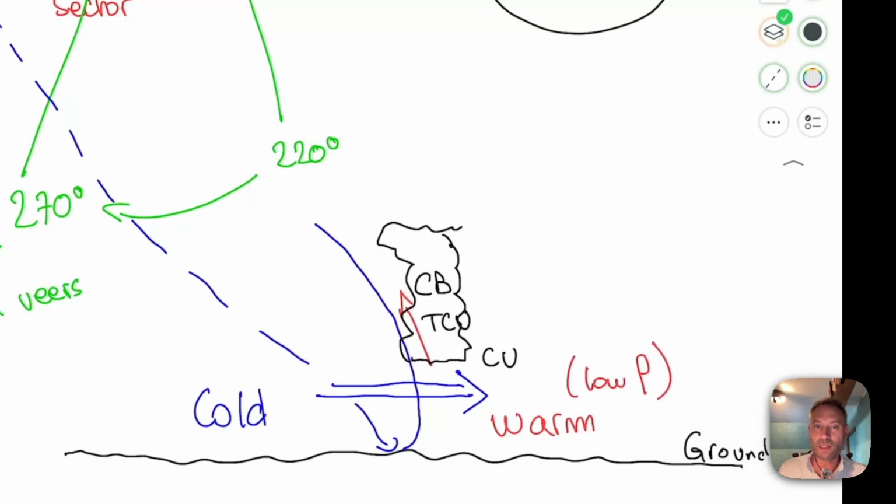Okay, then why after the cold front do we have showers that are experienced? Because very simply, again, we have a cold air mass, and that cold air mass by definition arrives on a ground that is warmer. Okay, this is what defines a cold air mass. It's because the ground is warmer than the air.